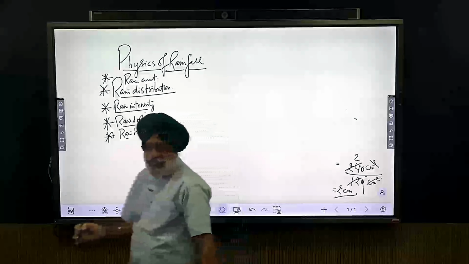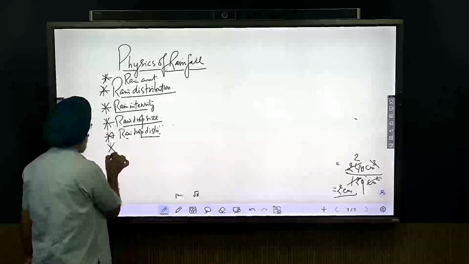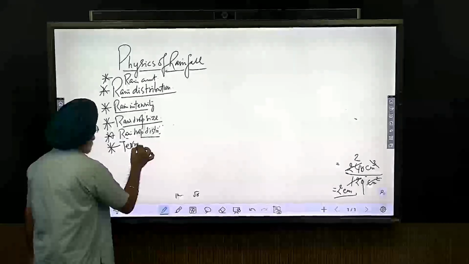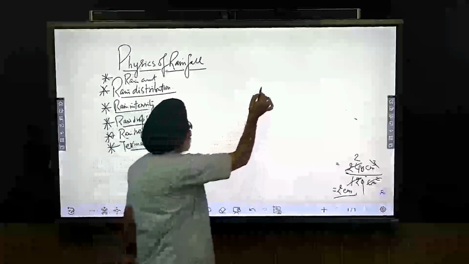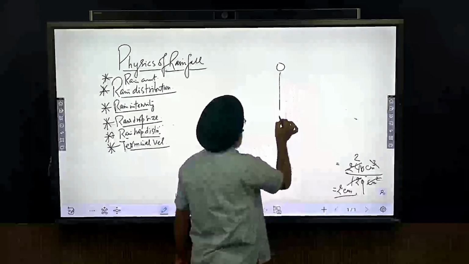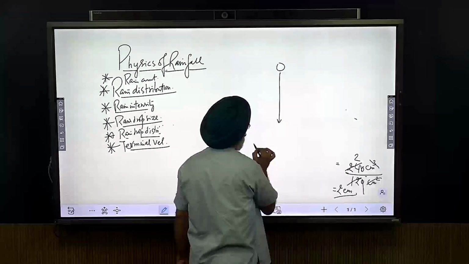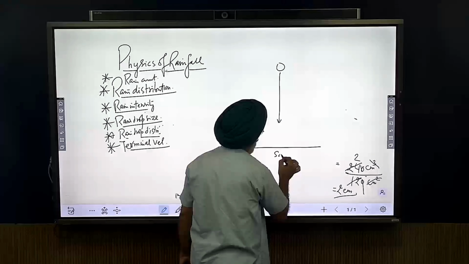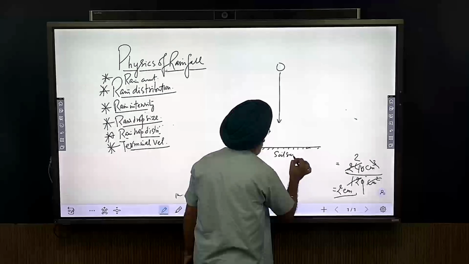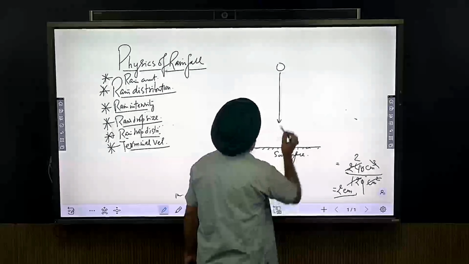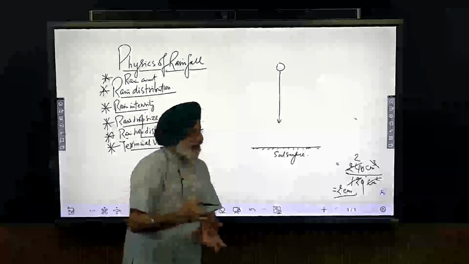So the next parameter is terminal velocity. Now, suppose a raindrop is falling, and this is your ground, say the soil surface. This drop is falling in the atmosphere under the influence of gravity.